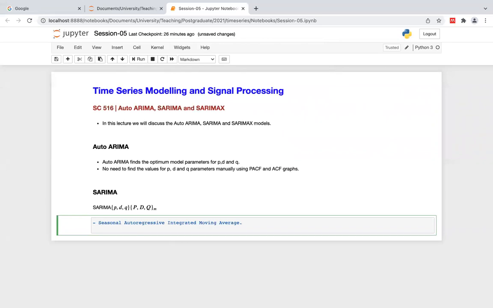Actually, as I said earlier, SARIMA is to solve the seasonality problem.